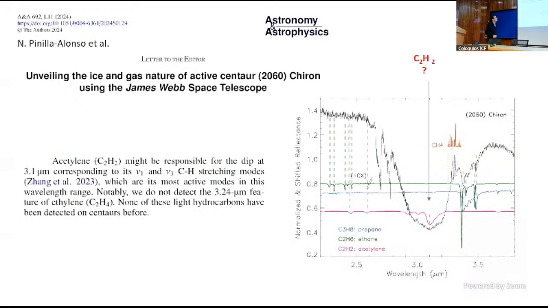So what they do here, they compare the spectra. This is an experimental spectrum from one guy that I'll show you who has really impressive work in the area for C2H2. And they think that this is responsible for this structure here. It's unexpected because it should not be there.